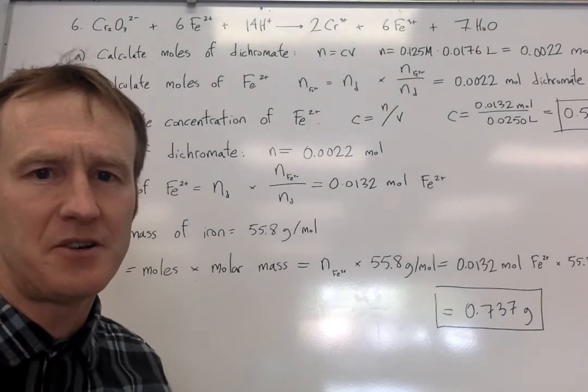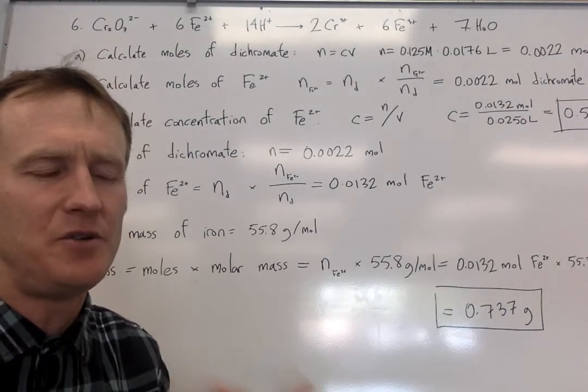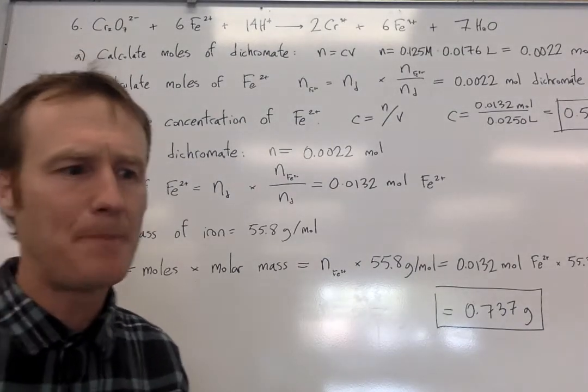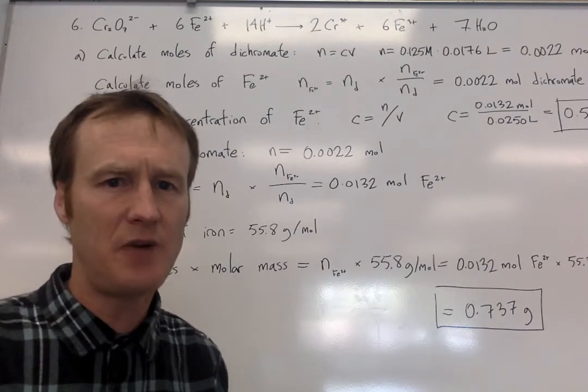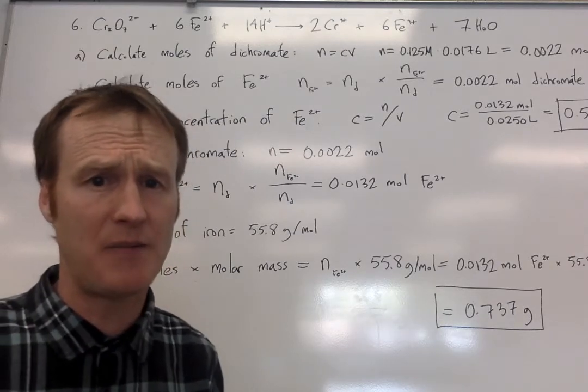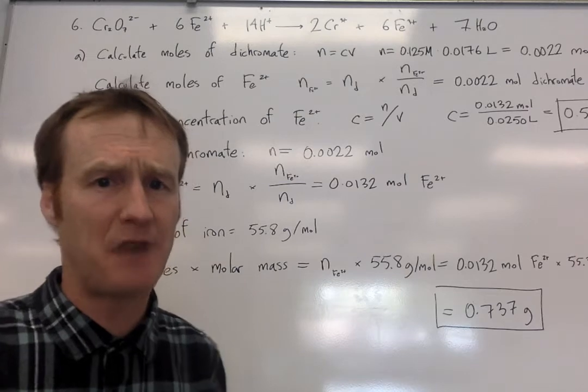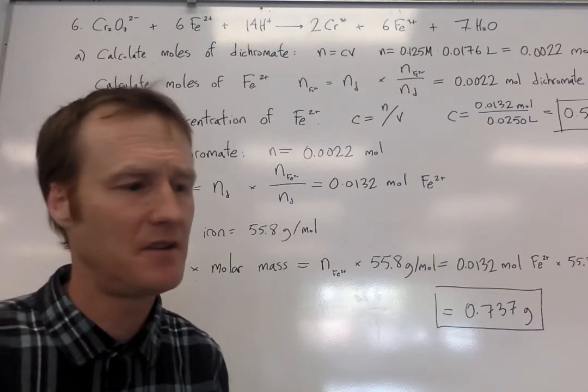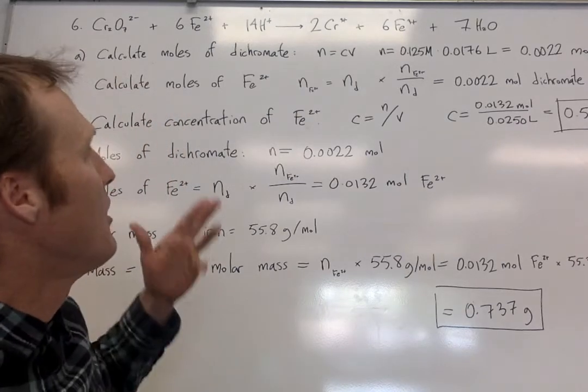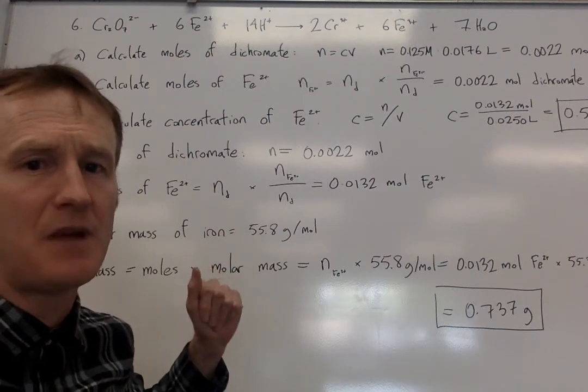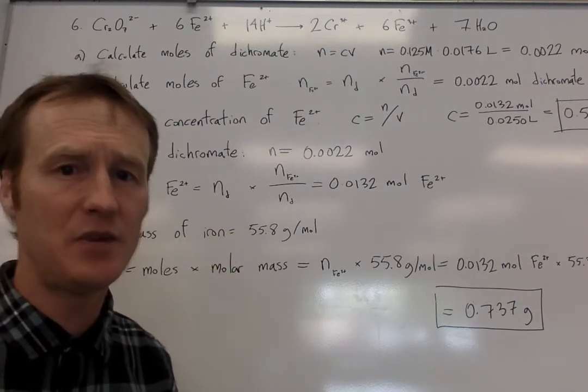When you're entering that moles bridge, you need to be calculating chemical amount. You already have enough information to calculate chemical amount based on your chapter 5 equations. In this case, we're calculating the chemical amount of the dichromate ion, and we use that formula again, n equals CV.